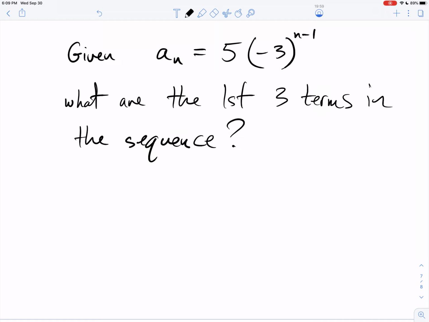Well, now I look at it and I go, wait a minute. They didn't give me a recursive definition. They gave me an nth term definition. Or think about it, what are the other ways they call this? An nth term, or they call it a rule.